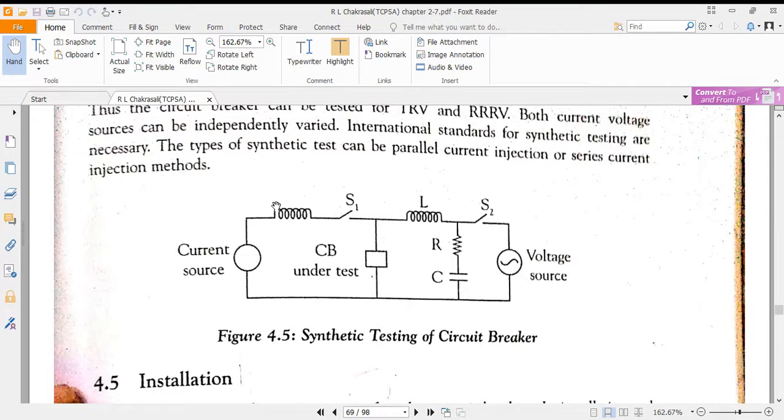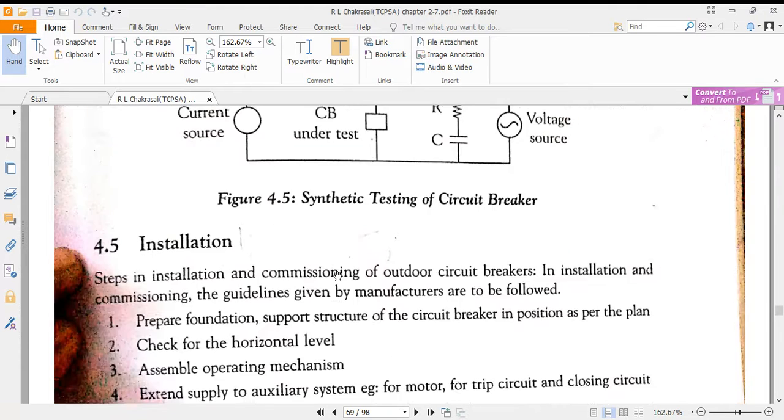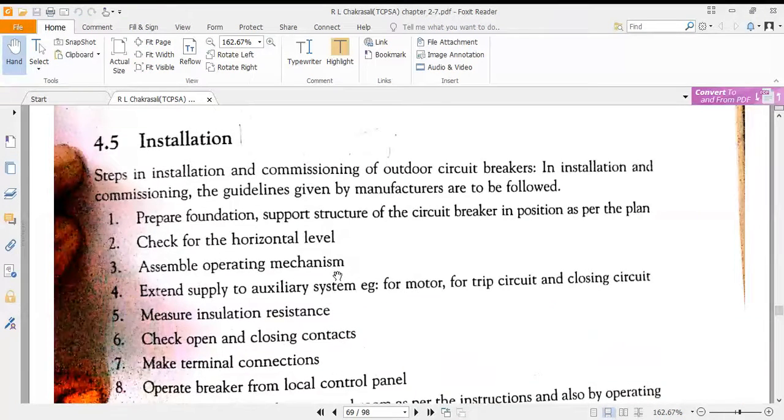These were the various tests to be conducted on circuit breakers. And the next part comes as installation. There are two words: one is the installation, second one is the commissioning.